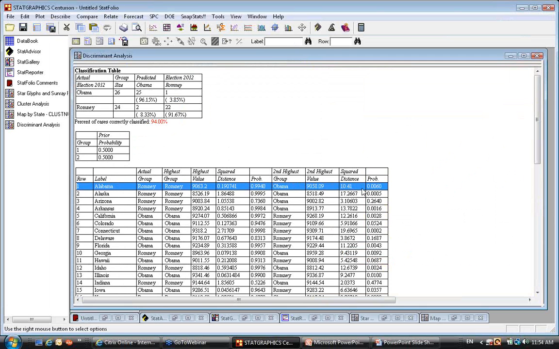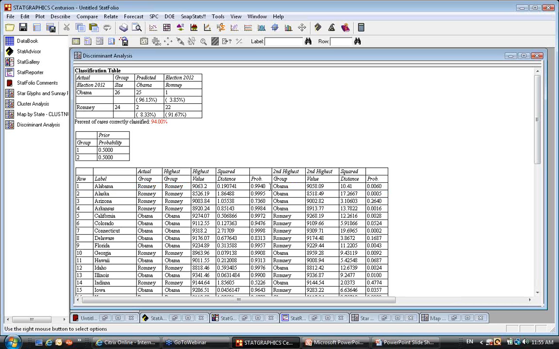This is Alabama. Alabama voted for Romney. That's how it actually turned out in the election. It had a score of 9,063.2 for Romney, 9,058.1 for Obama. Since it had a higher score for Romney, it was assigned to Romney.